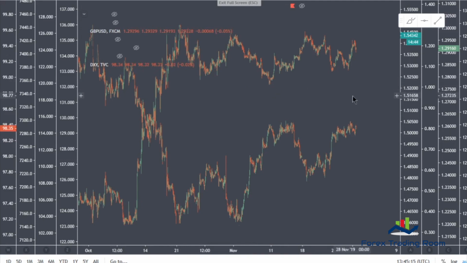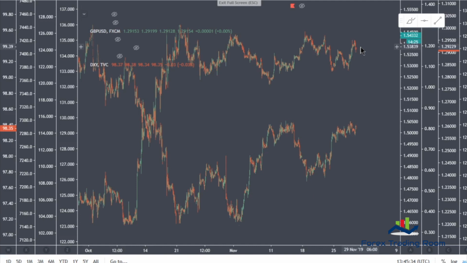Well, this is good. It shows us potentially that the dollar could be at its key high and maybe starting to turn. And again, the pound dollar will reflect this and may start looking to gain strength.